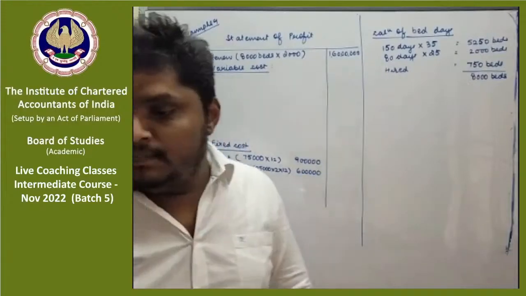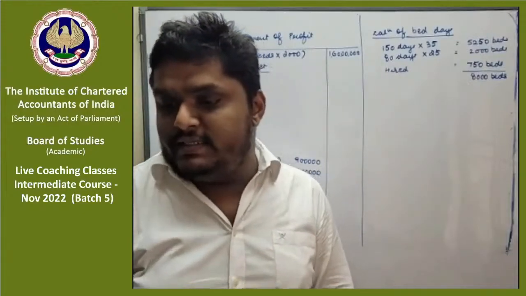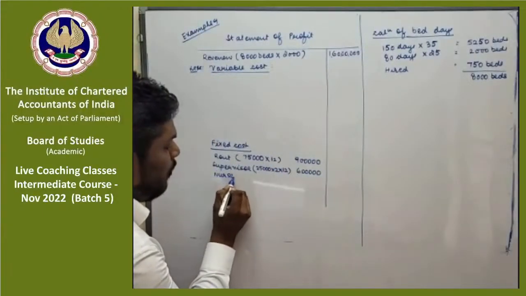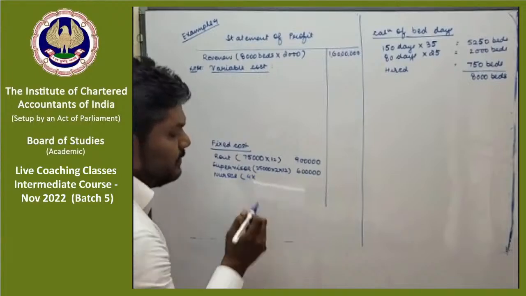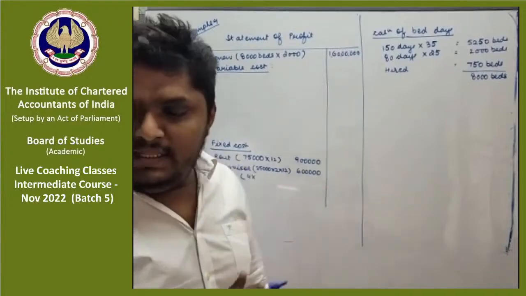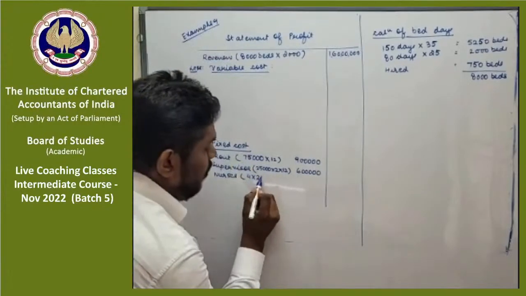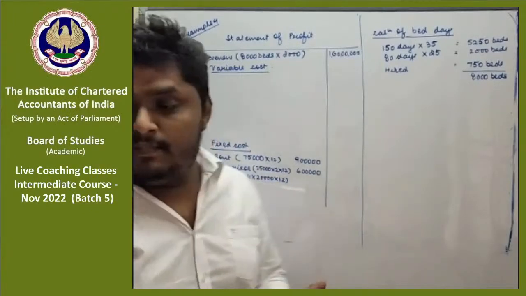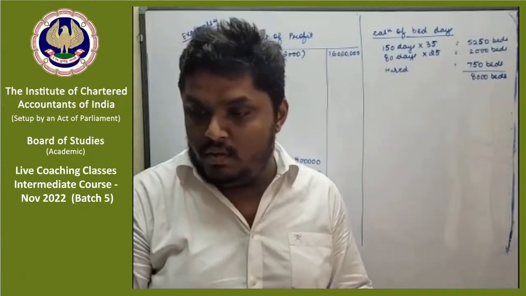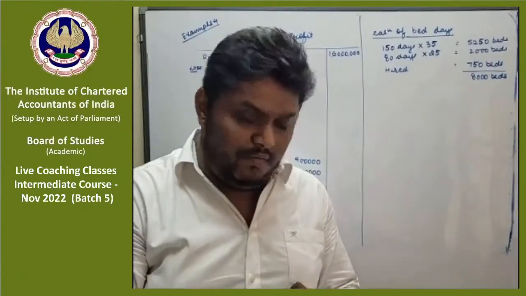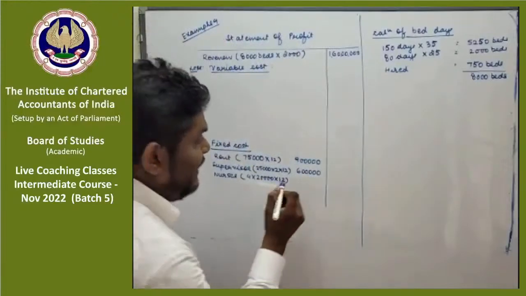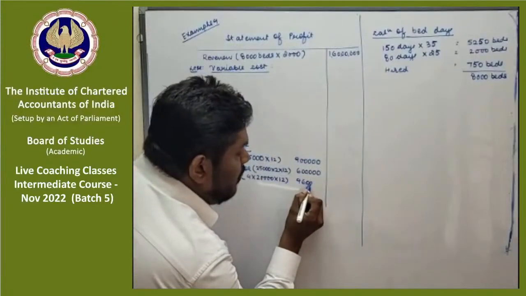Nurses, 4 persons. 4 persons into 20,000 per month into 12 months in a year. So 20,000 into 4 into 12, that is 9,60,000.